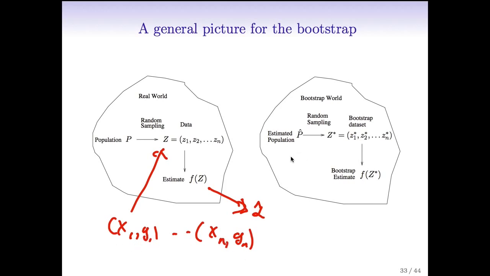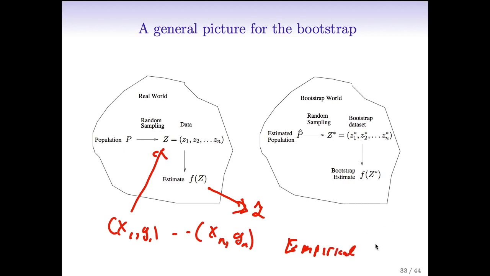So it says our guess for the population, which we don't have access to, is, if we have no more information, that with equal probability a training point can come from the first point we saw, the second point we saw, up to the nth point we saw. So that's what we call p hat, the empirical distribution function.